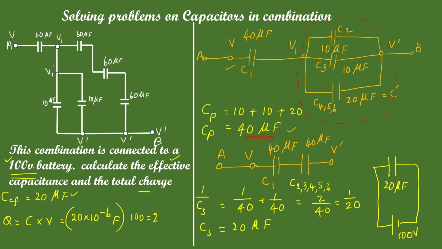That will give 2 into 10 raised to minus 3 coulomb. So we have calculated Q also. So the two things that are asked in the problem we have done. Q is equal to 2 into 10 raised to minus 3 coulomb. There is one zero in 20 and two zeros in 100. That is how we got 10 raised to minus 3. Okay. I will note there the magnitude of Q.